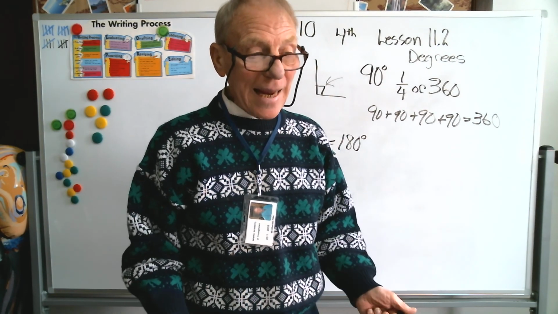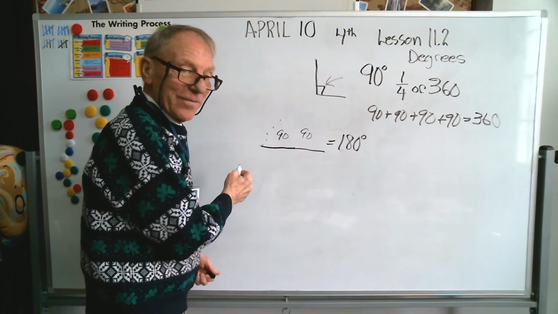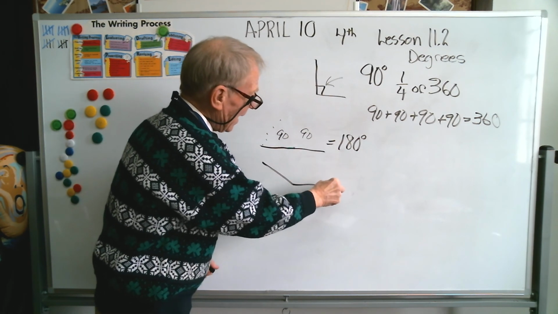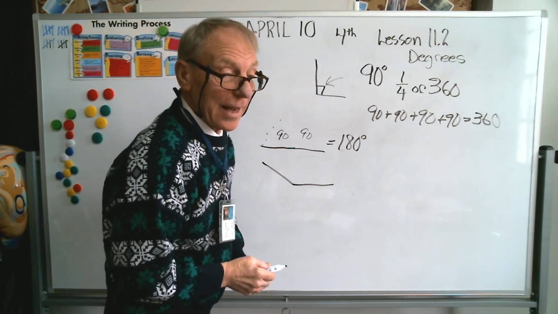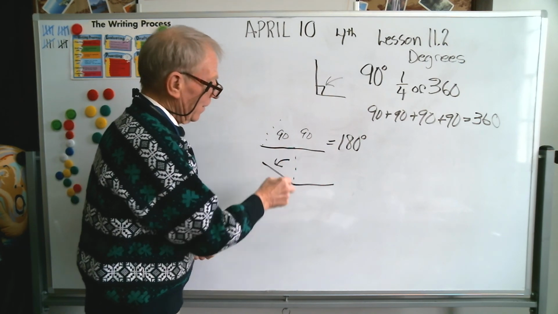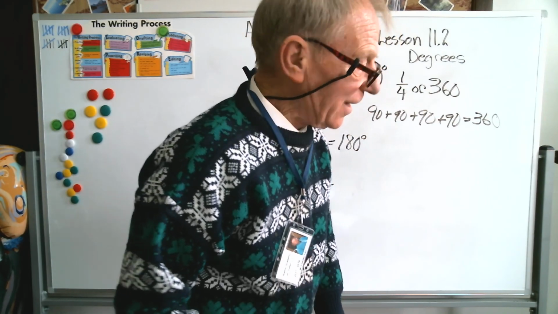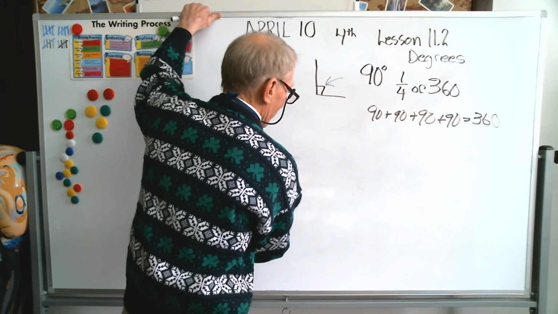That's a straight angle. Why? Because it's straight. If it wasn't straight, it would look like that, which is an obtuse angle. Remember, greater than 90 degrees. You guys are getting right on top of this, I can tell.